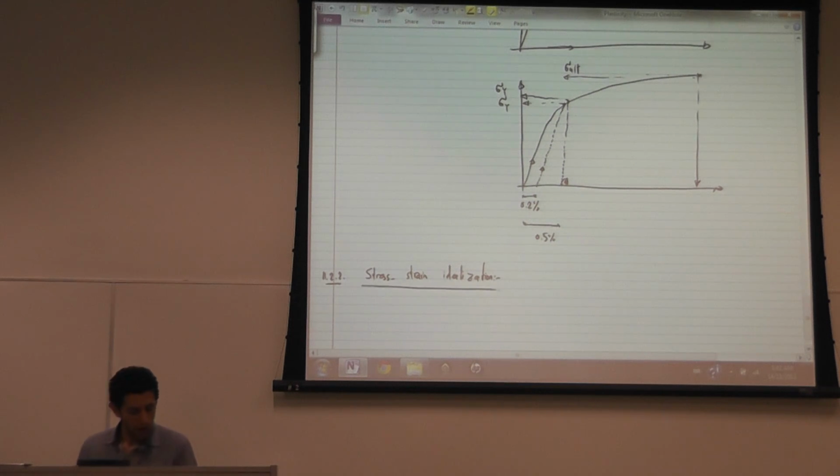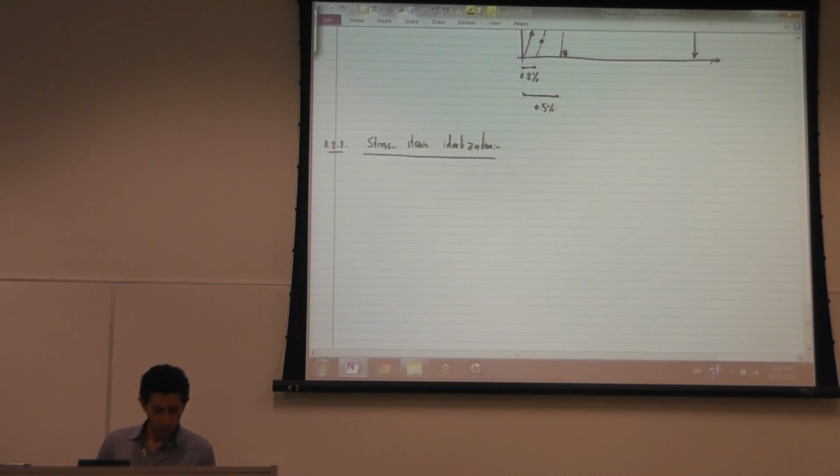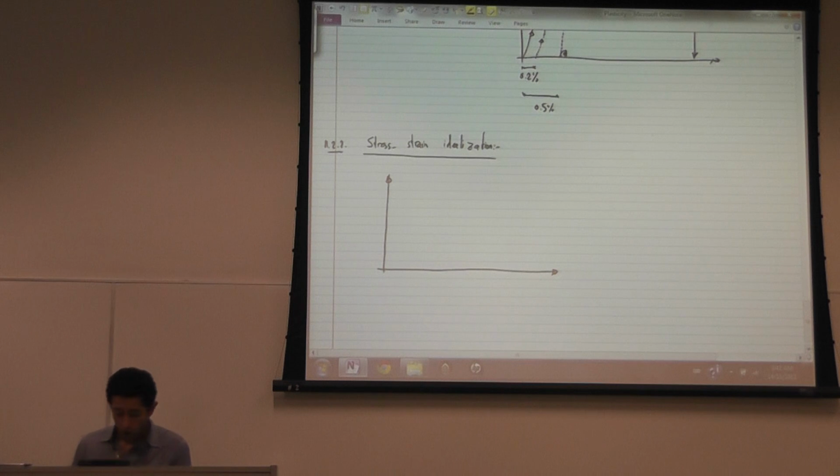So there are different idealizations for the stress strain curve. First of all, in everything from now on, we're using the true stress versus true strain. The theory is developed for the relationship between the true stress versus true strain.